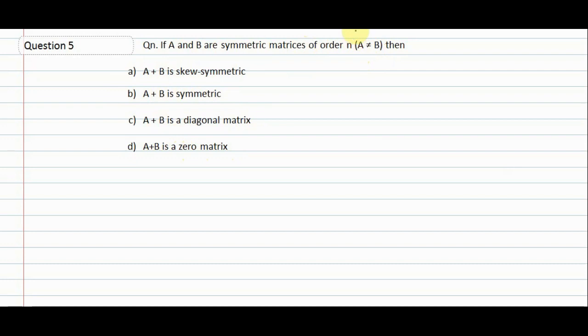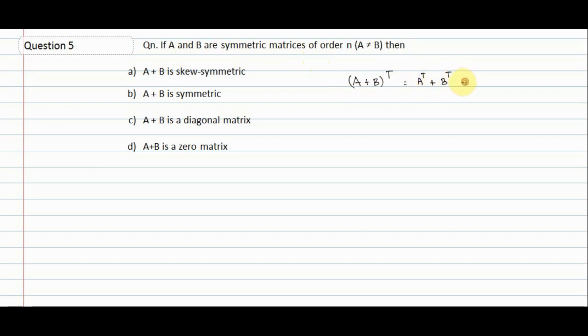So here, let's try to solve this. Suppose we are calculating the transpose of A plus B. A plus B whole transpose will be equal to A transpose plus B transpose. This is as per the results related to transpose. And in the question, it is given that A and B are symmetric matrices. So if A is a symmetric matrix, then its transpose will be equal to A itself.